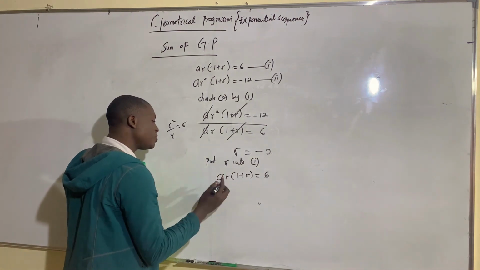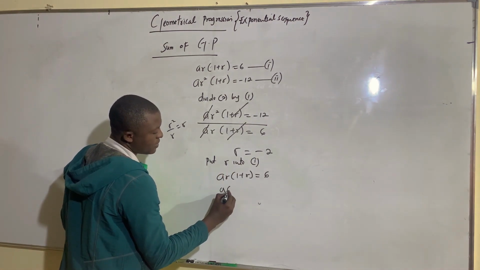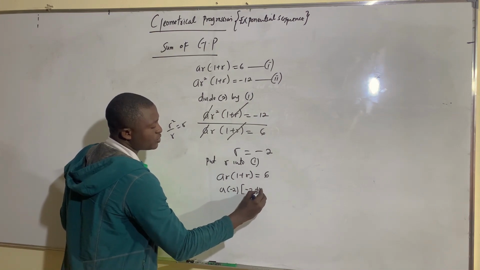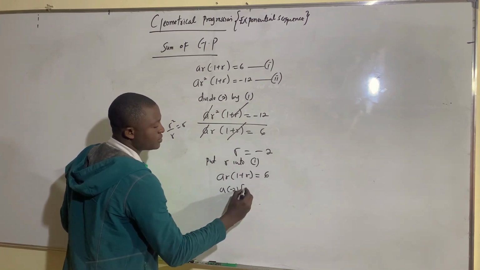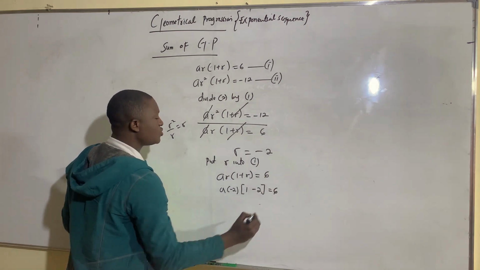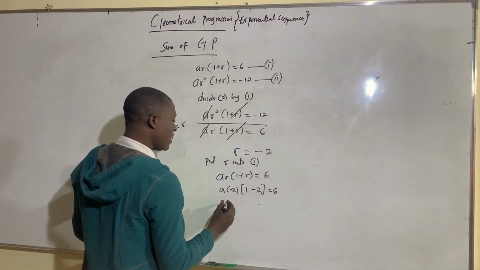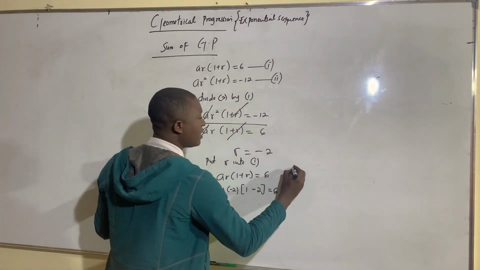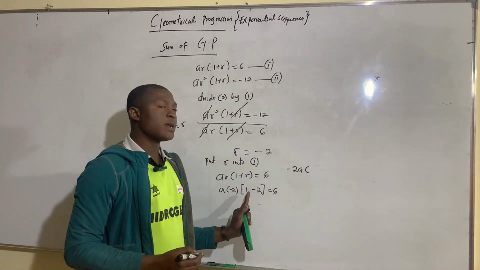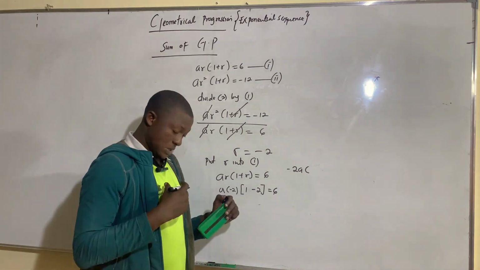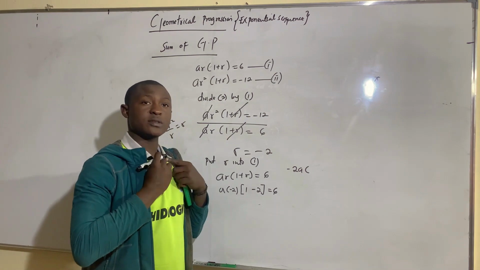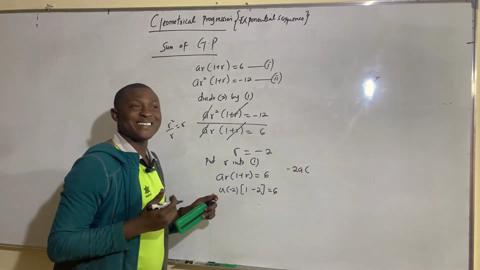So if I substitute, that means we have A times minus 2 times 1 minus 2 equal to 6. Let me write this very well. I should check if it is working. Yes, it's working.